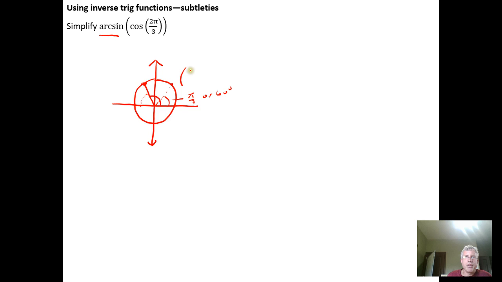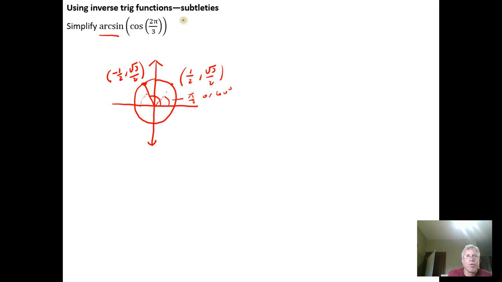So the ordered pair here is 1/2 and root 3 over 2. When we reflect over into quadrant 2 to get our 2 pi over 3 angle, we're going to have the ordered pair negative 1/2, square root of 3 over 2.